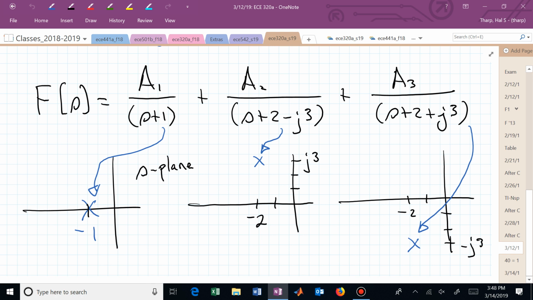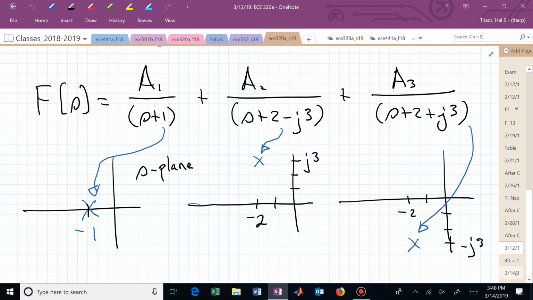That's critical. Don't forget that. And A2 and A3 are complex conjugates of each other. You just have to find A1, which we can do with the cover-up. We can also find A2 by the cover-up because these are distinct poles.